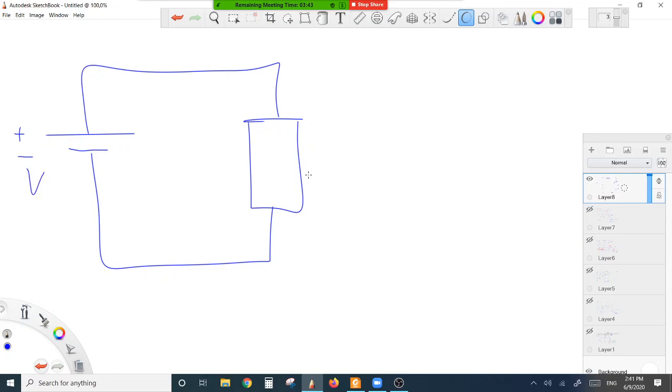V, the flow of current, electric field intensity E, and also electric field intensity E, sigma.